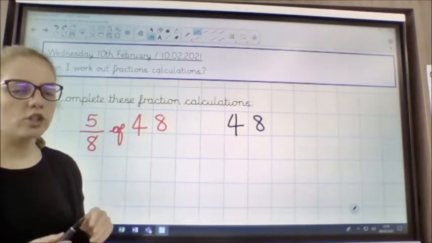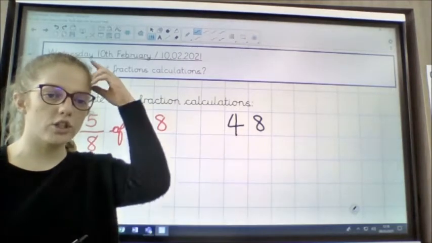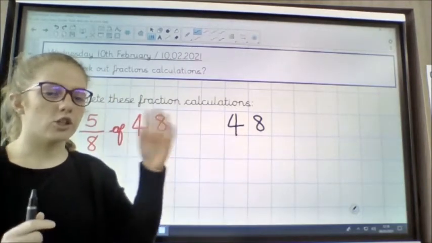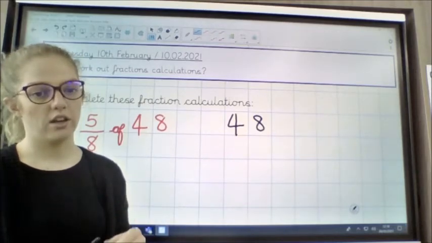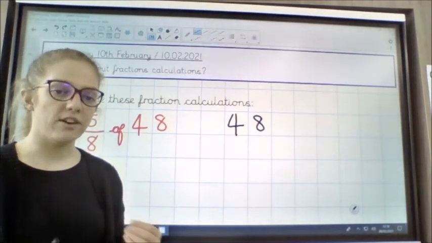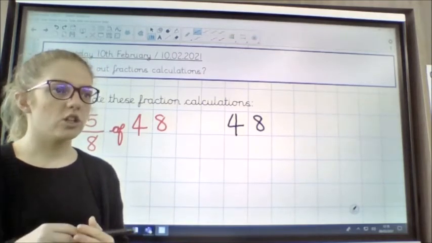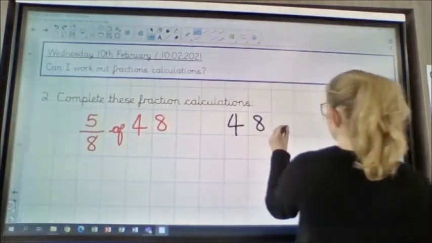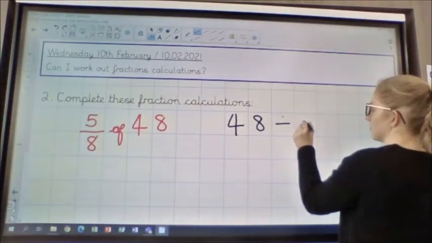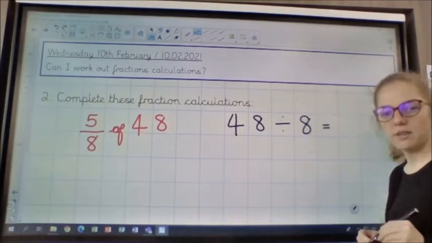Now, in order to work out the answer to this question, it's a two-step method. The first step is a division, and then the second step is a multiplication. So you're going to do 48 divided by 8, which will give me the answer 6.